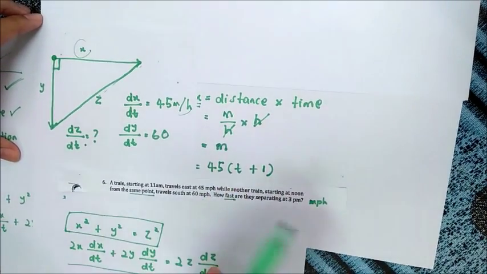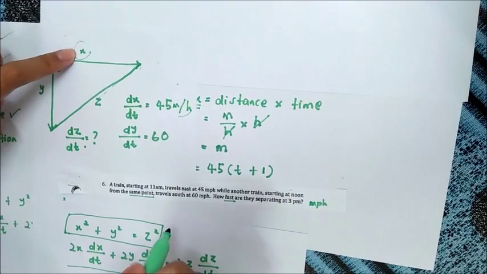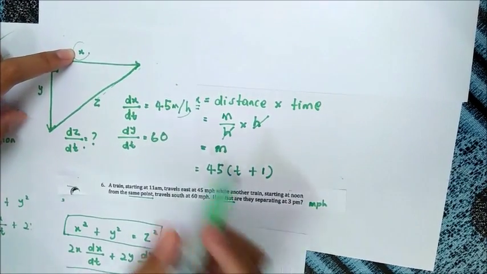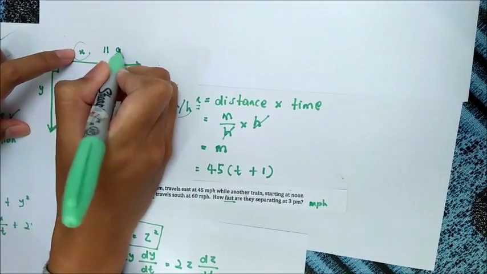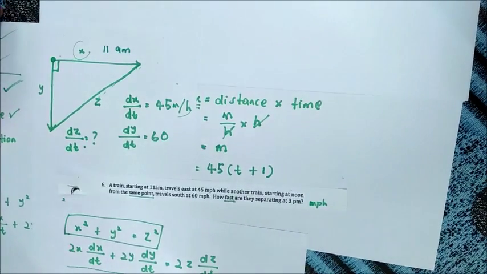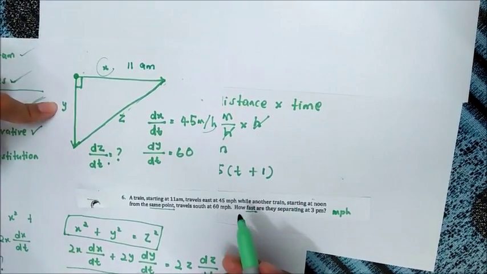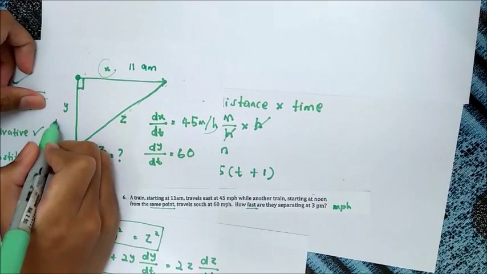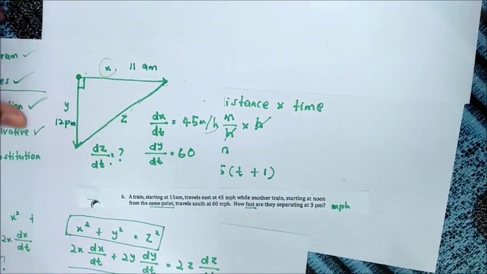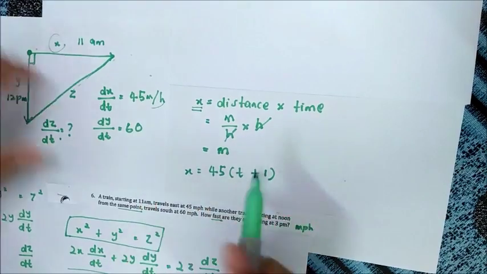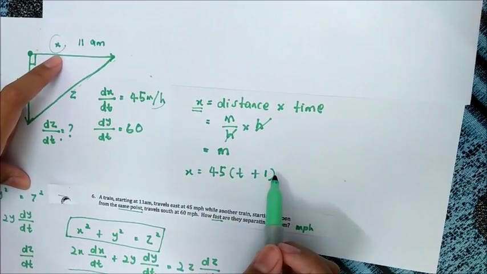The question itself said that train X starts to travel at 11 a.m. while train Y starts to travel at 12 p.m. So why do we plus 1?